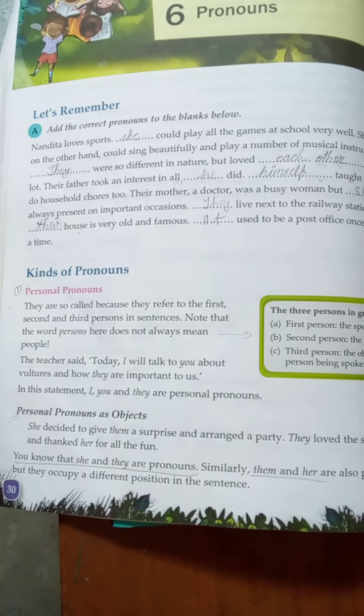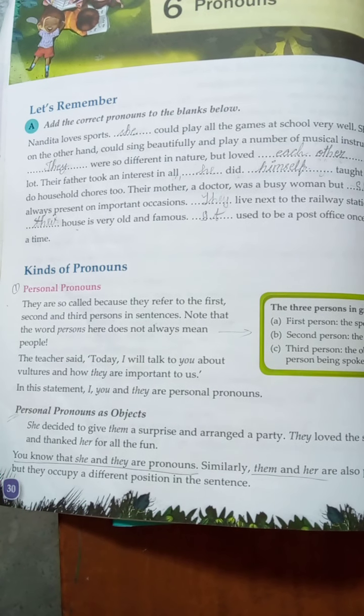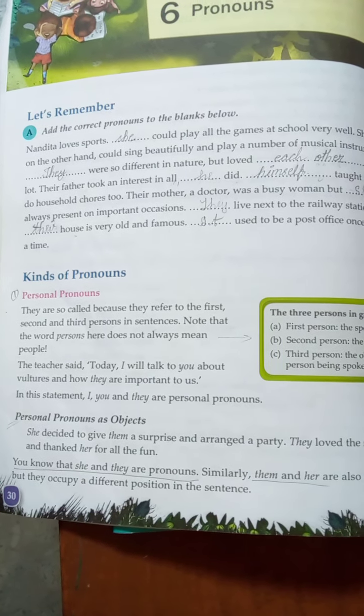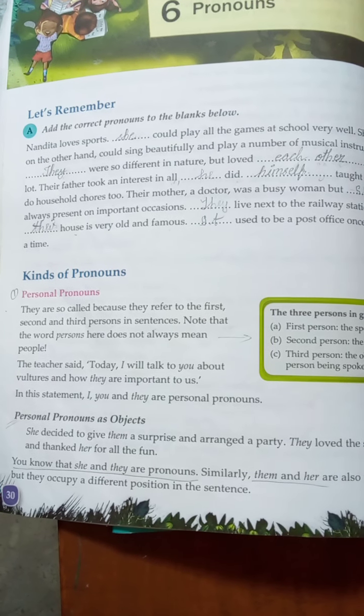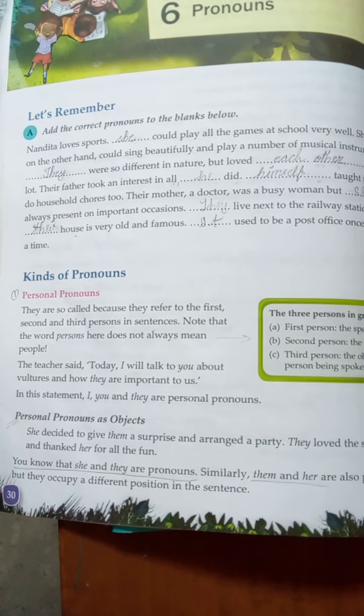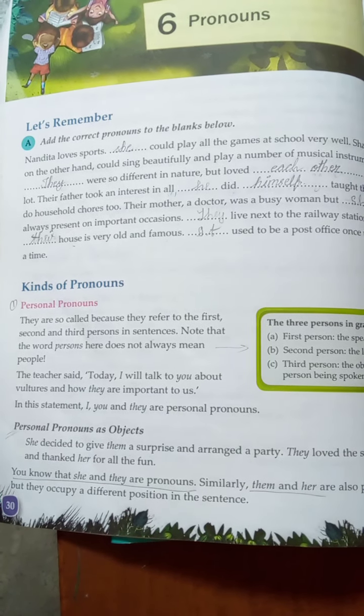Kinds of pronouns: you can see personal pronouns. They are so called because they refer to the first, second and third person in sentences. Note that the word person here does not always mean people.